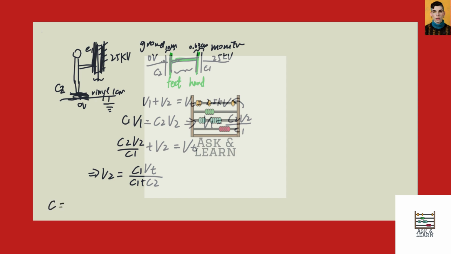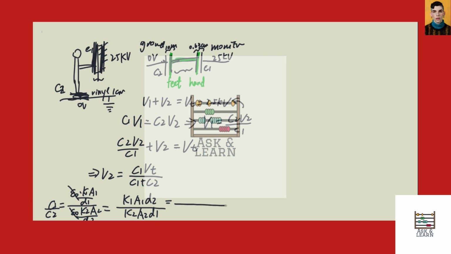So capacitance C equals, let's find out what C1 is. Epsilon naught times K times area over D. This is the definition. And epsilon K2 A2 over D2. Simplify a little bit. We have K1 A1 D2 and K2 A2 D1.